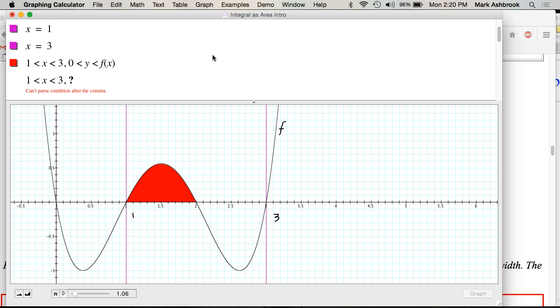Okay, so I want you to think about, write down, what would you put, now I want to get the second region here below the x-axis. So in a new statement now, again, I've already specified that x is between 1 and 3. What am I going to write to get all these points down here?